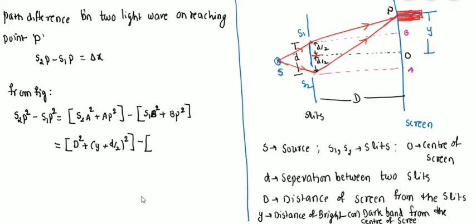Okay, S1B is again d squared plus BP is what? BP means this part. That is OP minus OB. From this total OP, you subtract OB. Then we get y minus d by 2 whole squared.